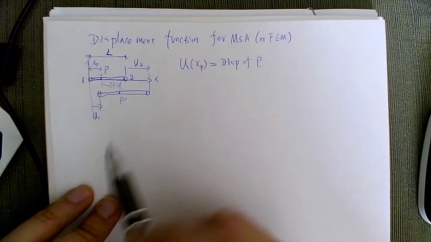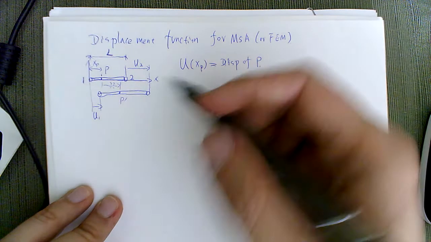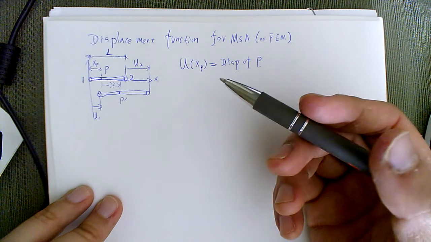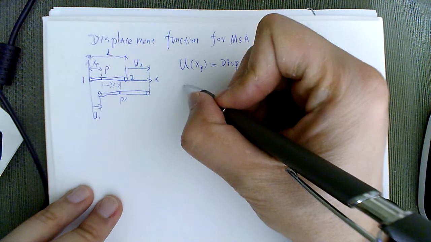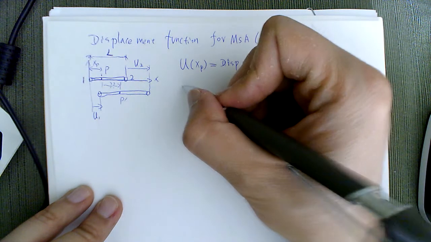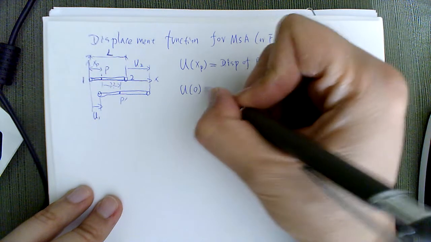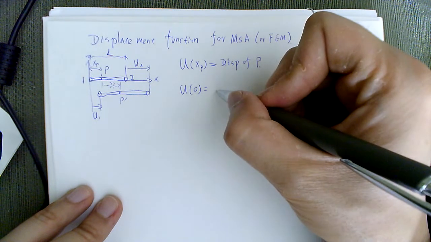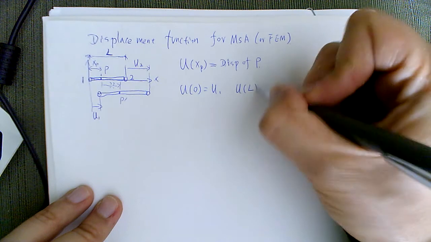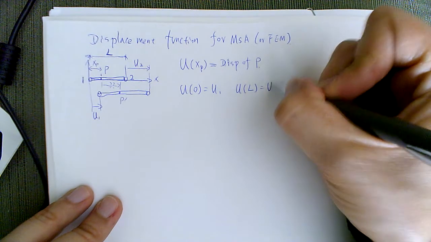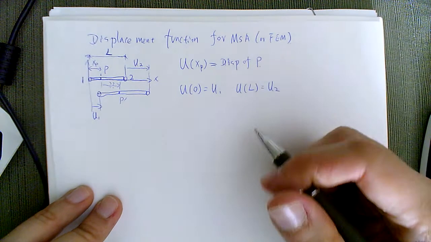So I can assume everything in between is just linear interpolation, so this has to be a linear function. What I know is that u at 0 equals u1, and u at L equals u2.